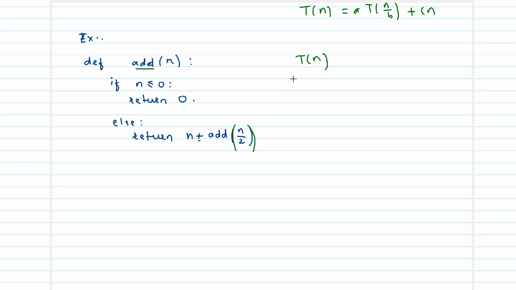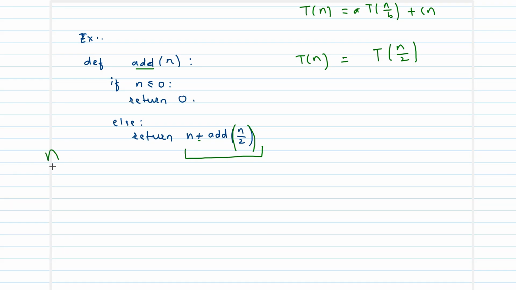Okay. So now how much time do I need for this problem? You can look at this problem: a problem of size n was there, and now I have divided that problem to n by 2. But in this case, when I am returning n plus add n by 2, how many n by 2 sub problems am I making? n is just an integer here.